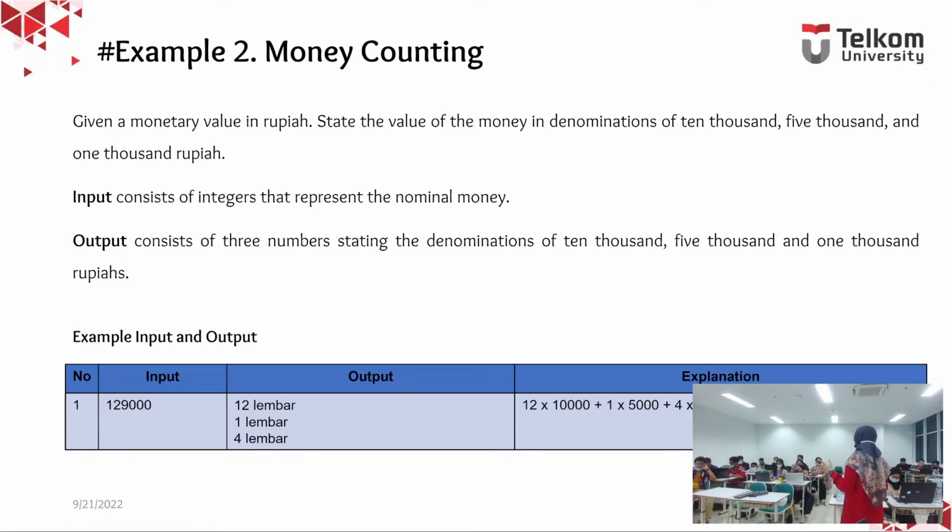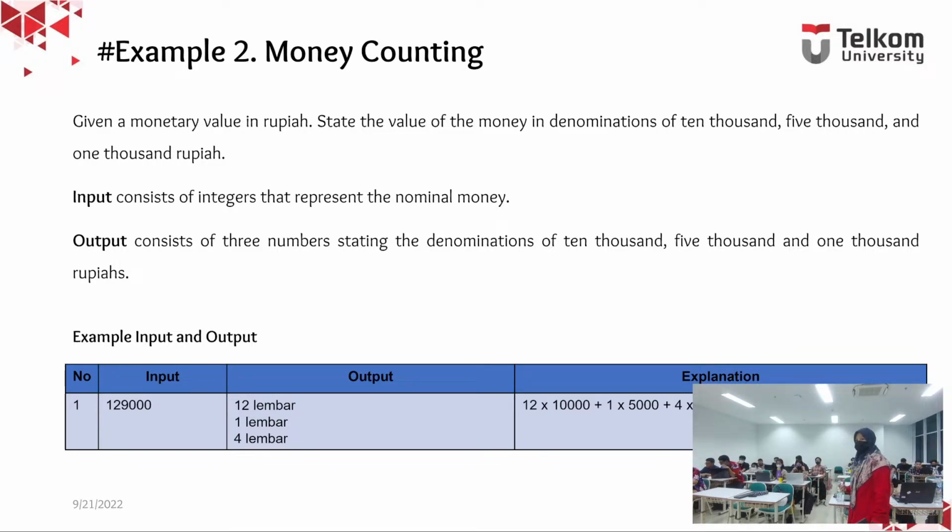In our previous example, the input is the food price, an integer that represents the nominal of the money. And then next, the output. What is the expected output? The number of each denomination, right?